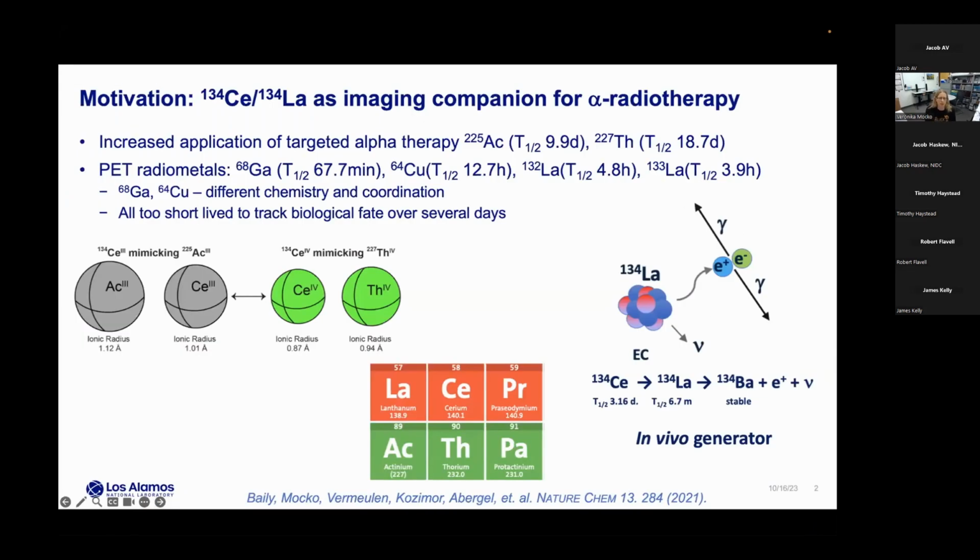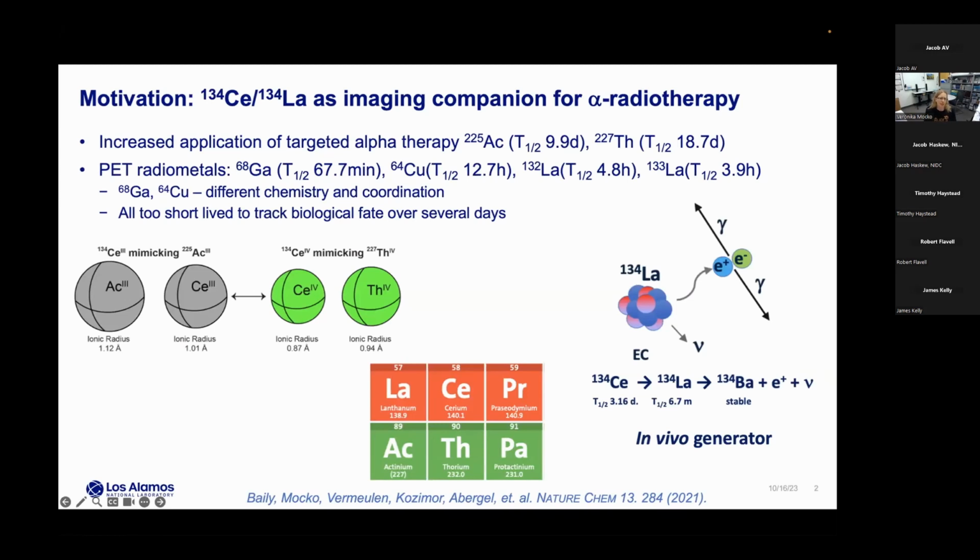So I want to briefly mention our motivation for Cerium-134. There is increased interest in the application of targeted alpha therapy, and more specifically, big interest in actinium-225 and thorium-227.